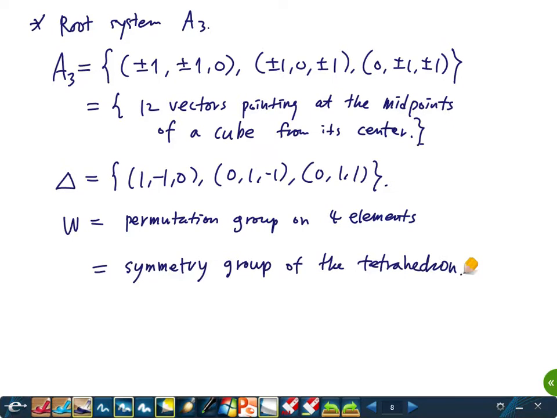So it really preserves this tetrahedron. And you can check that for any 2 adjacent vertices of a tetrahedron, we can always reflect them. That means we can have a complete symmetry of the tetrahedron. And if you count the number of elements, there are 24 elements, right? 4 factorial is 24, the same as the order of the symmetry group of this. So that's why it's isomorphic to the symmetry group of the tetrahedron.